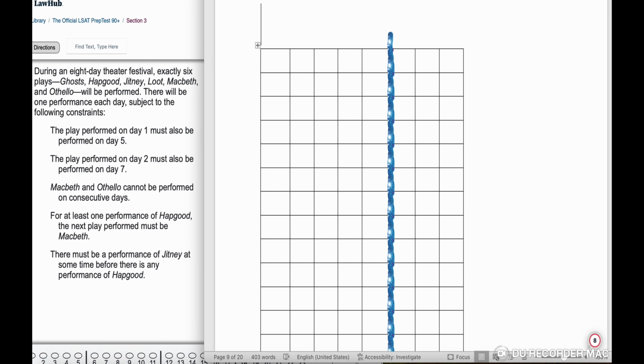During an 8-day theater festival, exactly 6 plays, G, H, J, L, M, O, will be performed. There will be exactly one play performed each day, subject to the following constraints.